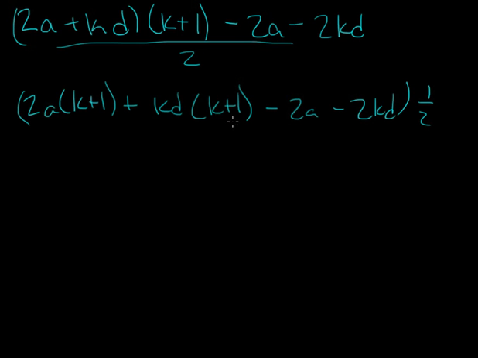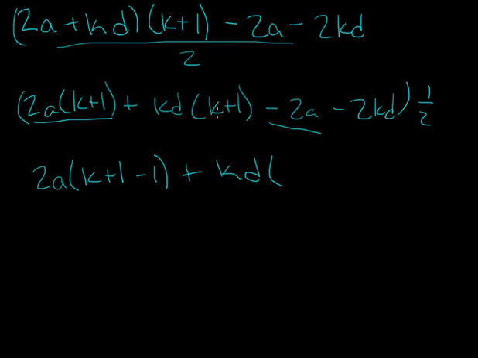We can now factor. So if we take this and this, we get 2a times k plus 1 from there. We took a 2a out of here, so that leaves us with negative 1. Plus, we can also factor these. kd. We get a k plus 1 and a minus 2. This is all still over 2.